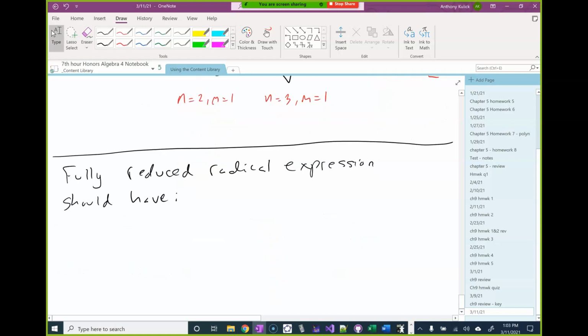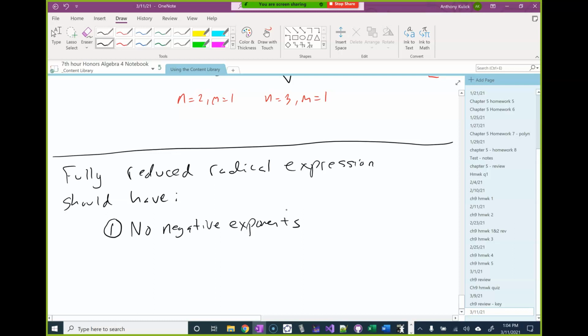Okay. So when we talk about a fully reduced radical expression, we should have no negative exponents.